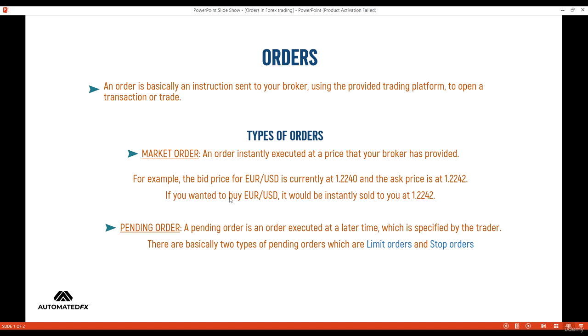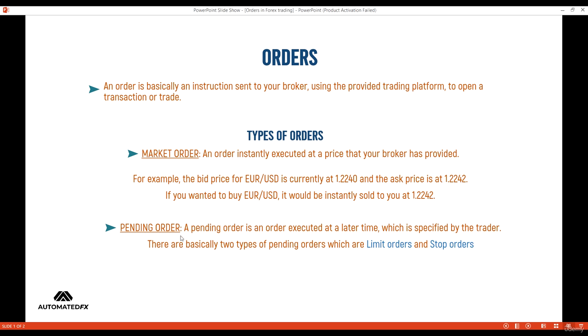So if you wanted to buy Euro USD, it will be instantly sold to you at 1.2242, which is the ask price. Okay, remember we said we buy at the ask price and then we sell at the bid price. So a market order will instantly execute a buy order for you, or rather a sell order for you at your ask price.